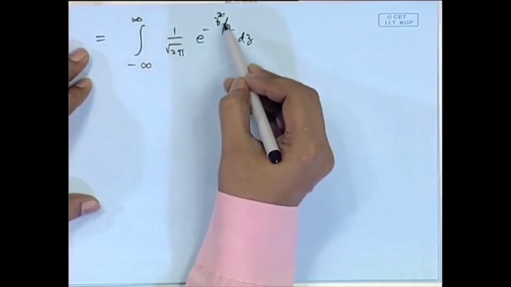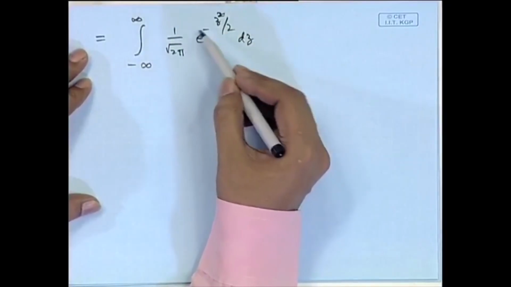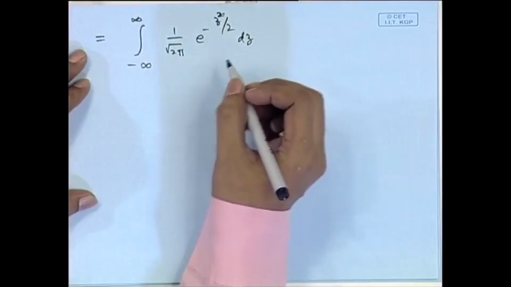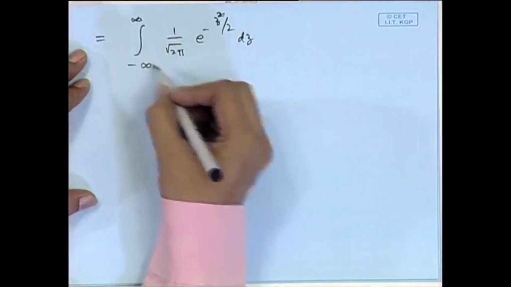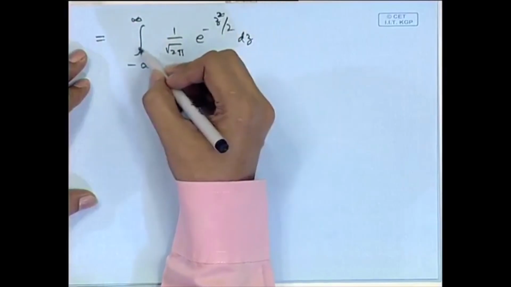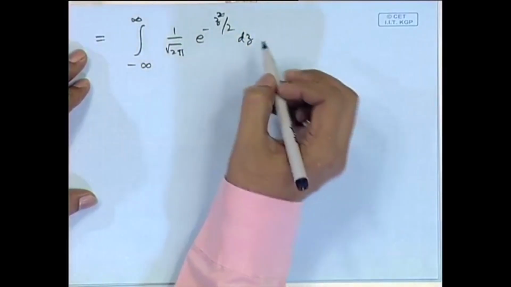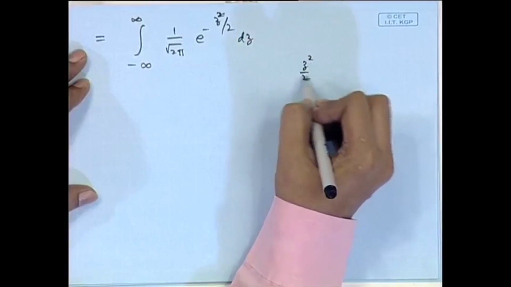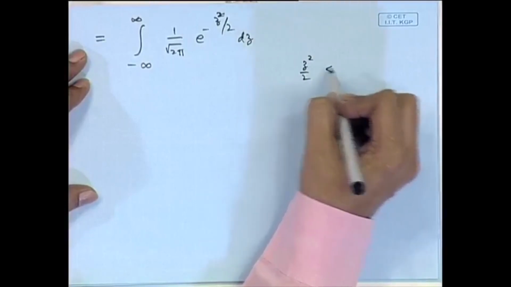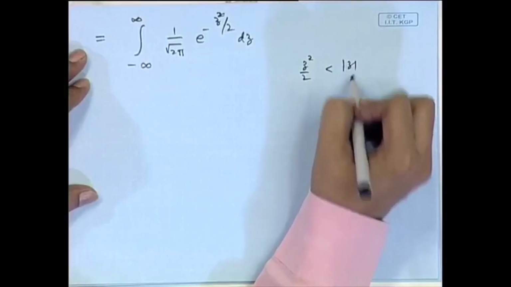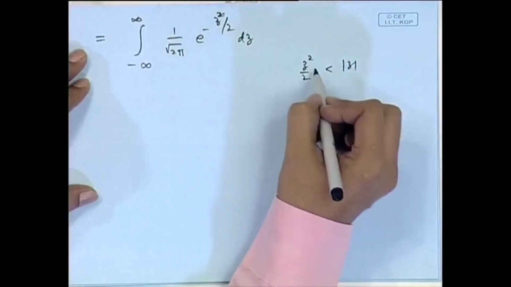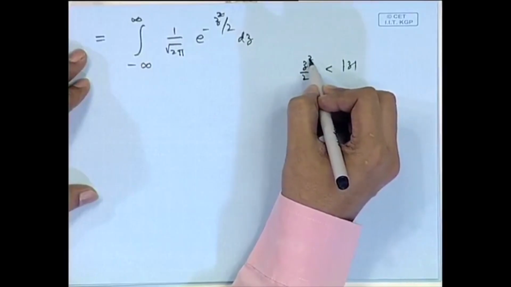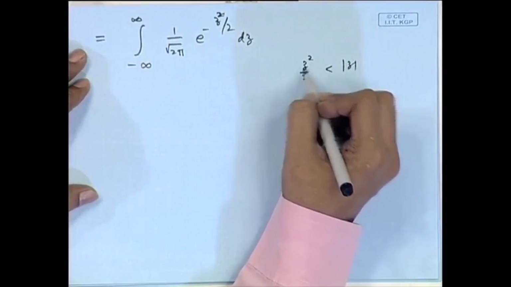This 1 by root 2 pi e to the power minus z square by 2 is also known as the error function. We observe here that first of all it is a convergent integral, because we can write z square by 2 as less than modulus z, and here we can consider two regions: one is modulus z less than 2 and the other is modulus z greater than 2.